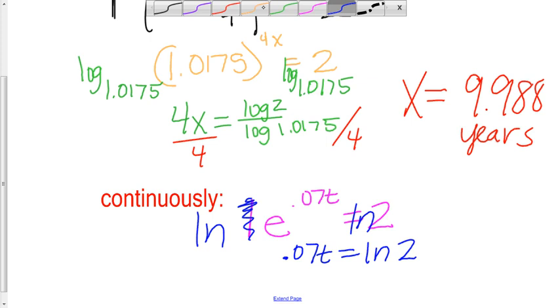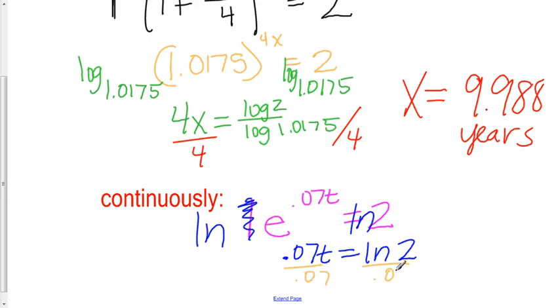And then finally, you would divide by 0.07. And in this case, you would get t equals 9.902 years. Pretty close to the same amount.